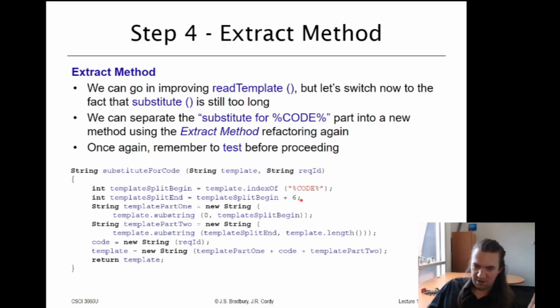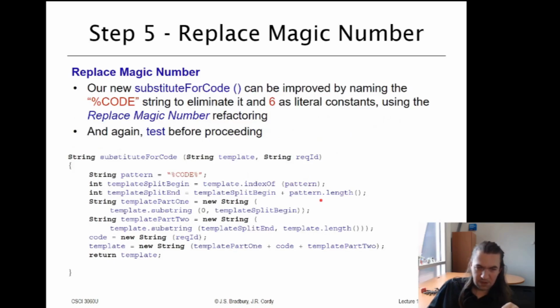It's not really good to have stray numbers appearing out of nowhere because no one can really understand where the heck this appears from. If you're very savvy and you've been looking at this code very carefully, you'll understand where the 6 comes from: 6 is actually the number of characters in %CODE%. Now, somebody reading the code might not realize that. That 6 is literally coming out of nowhere. Where the heck does that come from?